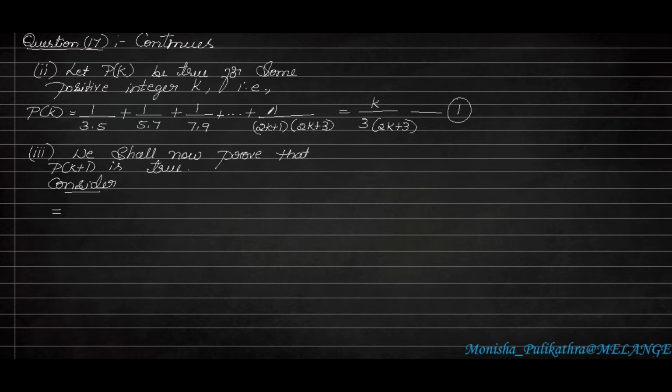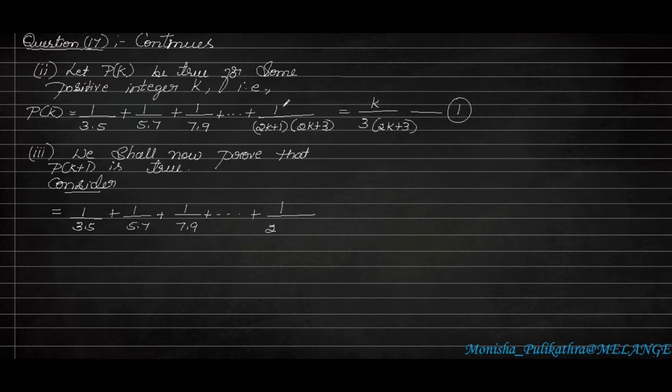Before doing this, keep in mind that when the consecutive number k plus 1 comes, the previous term will be k itself. So we write up to here, and after that we include this k plus 1. First is 1 by 3 into 5, the whole series we need to write: 1 by 5 into 7 plus 1 by 7 into 9 plus etcetera, up to 1 by, so this equation we have to write.